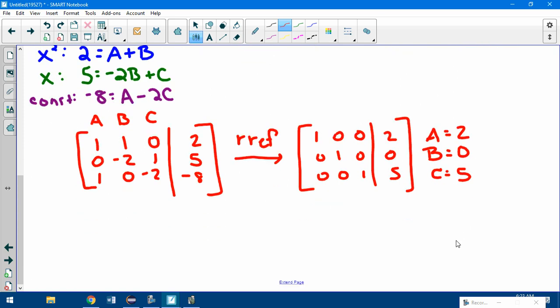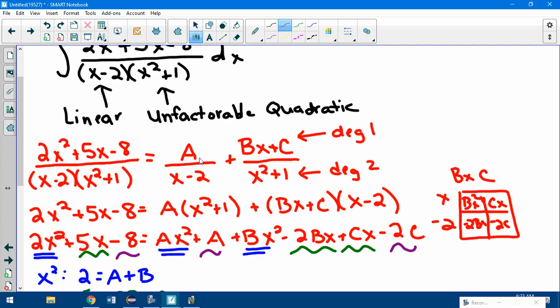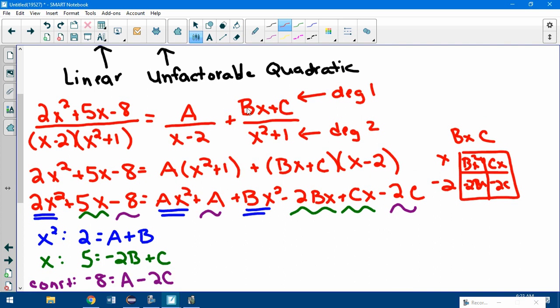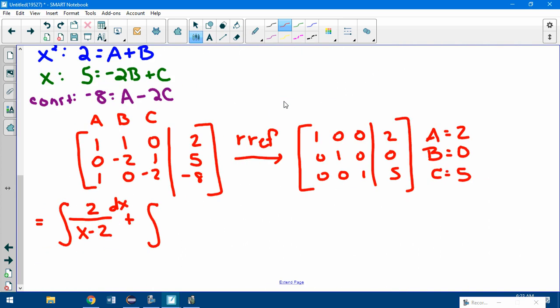Okay, so finally we can integrate. This original integral turns into the integral of a, which is 2 over x minus 2, plus the integral of, there's no b term, so that's 0, plus c was 5, so 5 over x squared plus 1 dx.